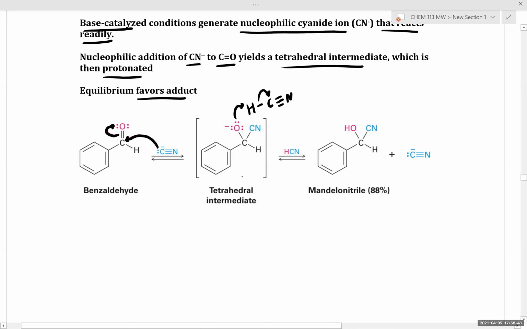Note, just like any alkoxide ion that you get from a Grignard addition or from a reduction, you can trap this alkoxide ion with electrophiles. And that's going to be quite useful. So, any questions on the mechanism for cyanohydrin formation?